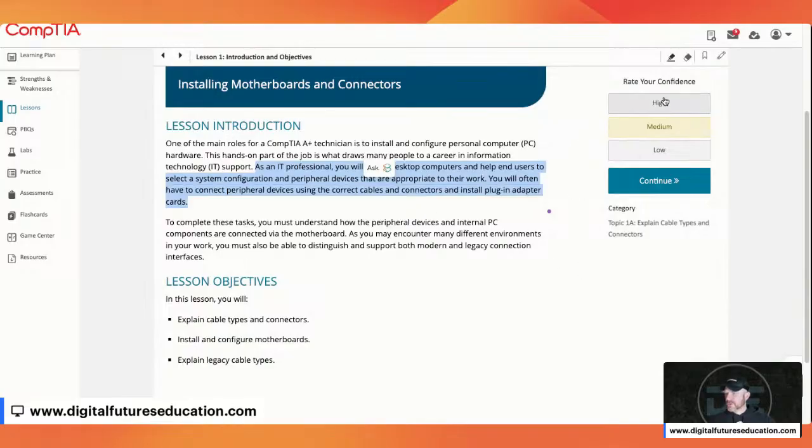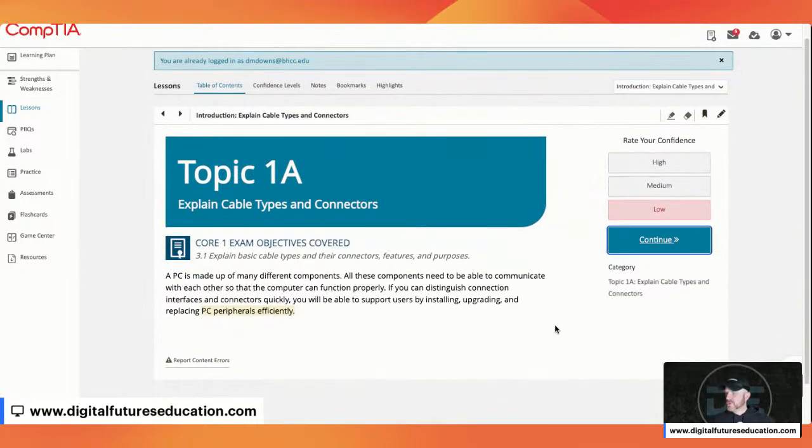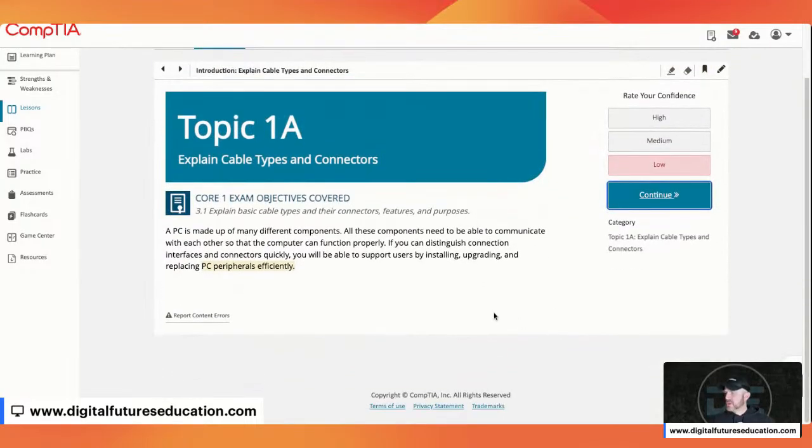Here we can rate our confidence, but I'm just going to hit continue. Once we're into Topic A, we're looking at the first of our Core 1 objectives covered: explain basic cable types and their connectors, features, and purposes. A PC is made up of different components.